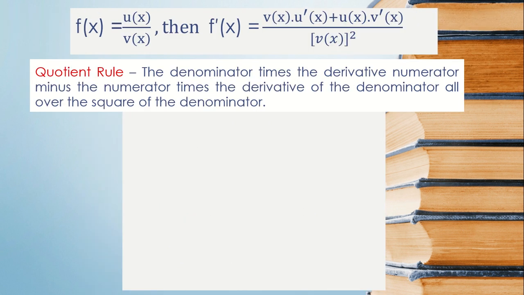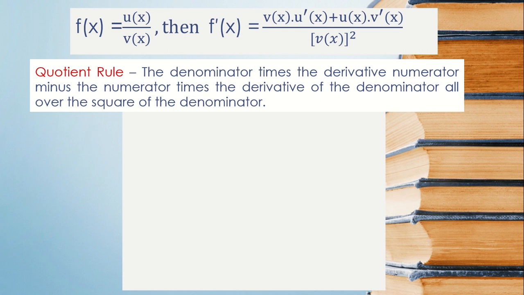Let's now move on to quotient rule. How are we going to get the derivative of this one? So we're going to apply lang the quotient formula. It says the denominator times the derivative of the numerator minus the numerator times the derivative of the denominator all over the square of the denominator.